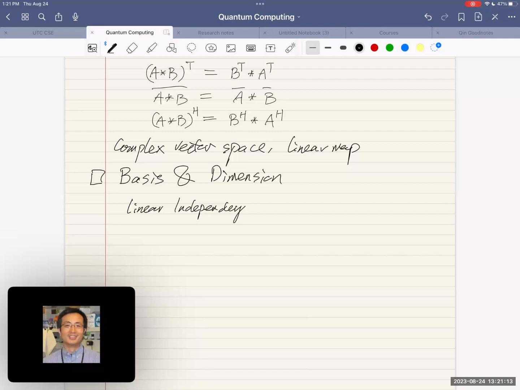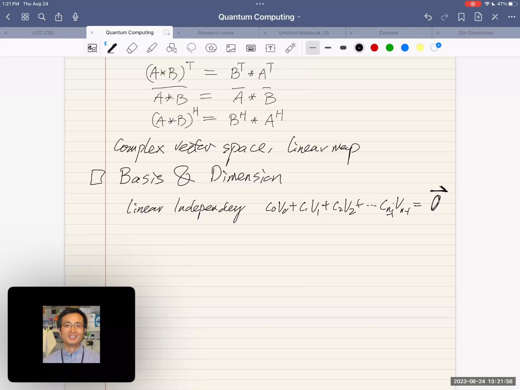The definition is that if the linear combination of all these vectors sums up to the zero vector only when all coefficients are zero, that set of vectors is linearly independent. This is not a proof, this is just the definition.